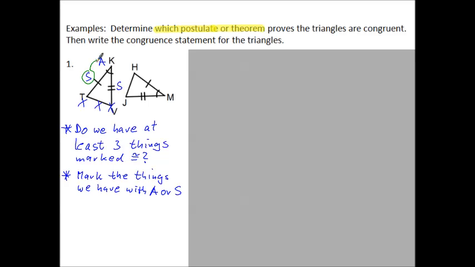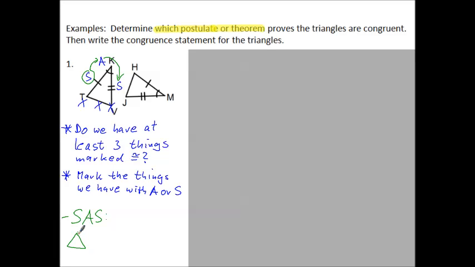That means we have to go from S to A to S, and that gives us the answer, which postulate we are using. We are using the side angle side postulate, SAS, and we can now write our congruent statement.